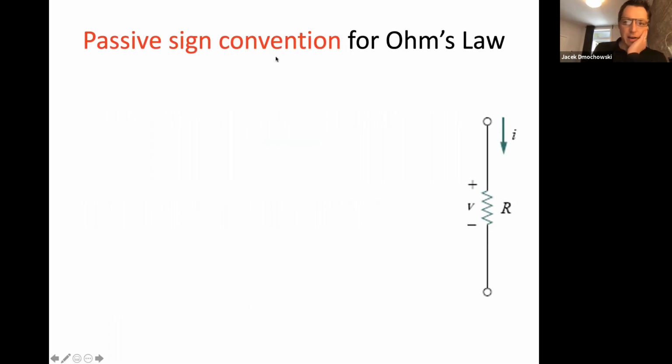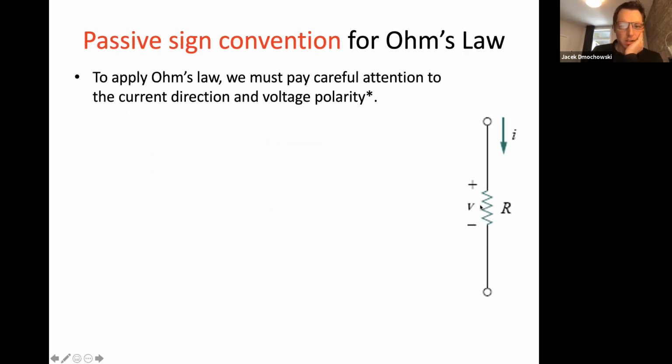Okay, so now we have the convention that I have already alluded to, and that is called the passive sign convention for Ohm's law. Again, to apply Ohm's law in that canonical form, we need to make sure that this picture holds. In other words, the current arrow has to be hitting the positive end.